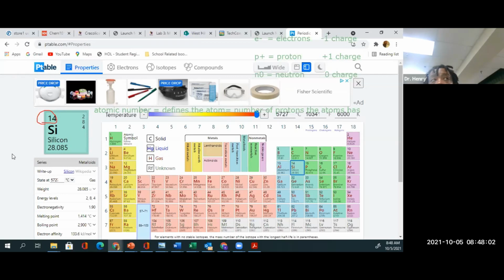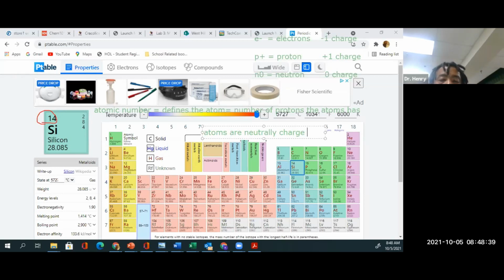Okay, so if I have 14 protons and protons are positive, how many electrons must I have? Anyone? So in the case of silicon, silicon has 14 protons.